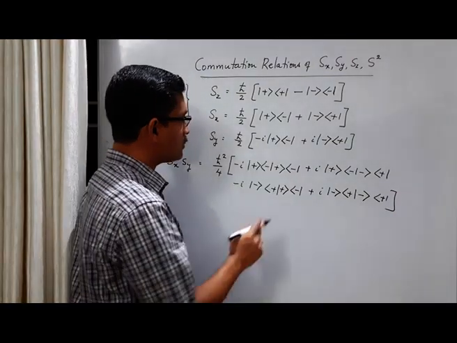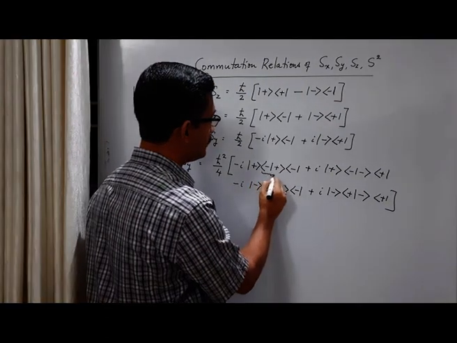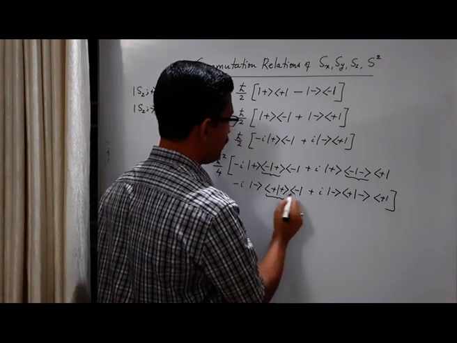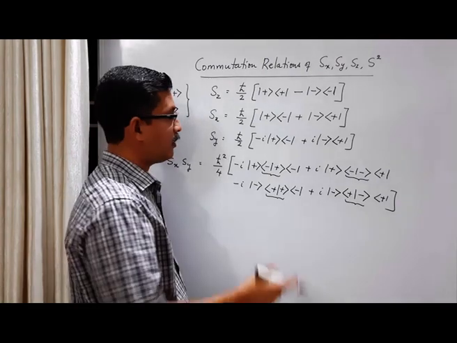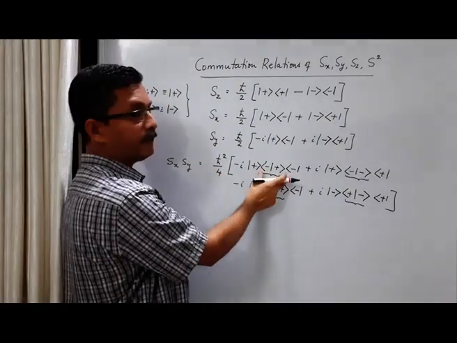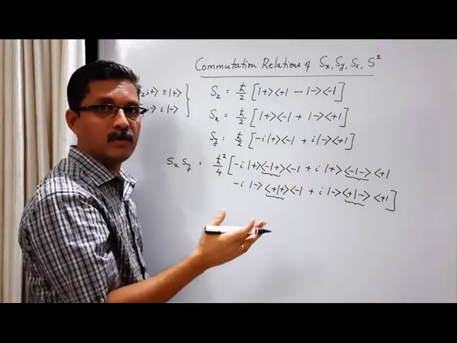So in these 4 terms, in each term you have an inner product, right? This is an inner product. This is an inner product. This is an inner product. Here also you have an inner product. What is the result of this inner product? This is the inner product between ket minus and ket plus. We know that these are the eigenkets of the Sz operator and they are mutually orthogonal.